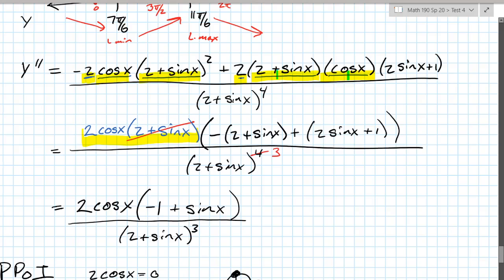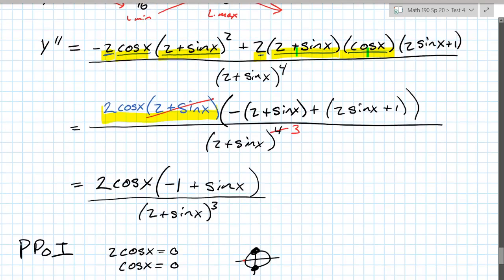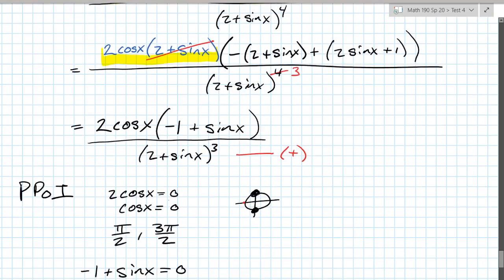And combining like terms gives us 2 cosine x times negative 1 plus sine x over the denominator. We saw the denominator again is going to be positive because it's a number between 1 and 3 cubed, which is positive. The 2 cosine x is 0 when x is pi over 2 or 3 pi over 2.